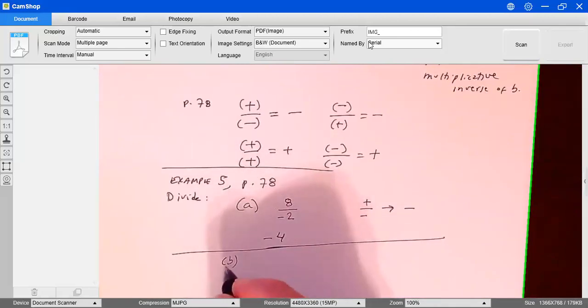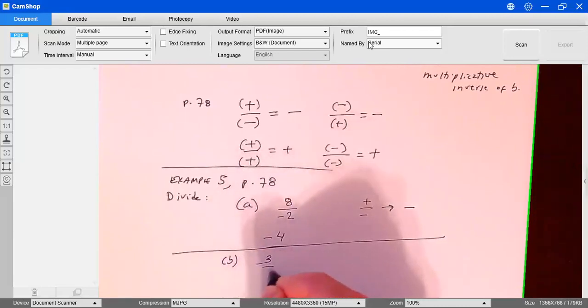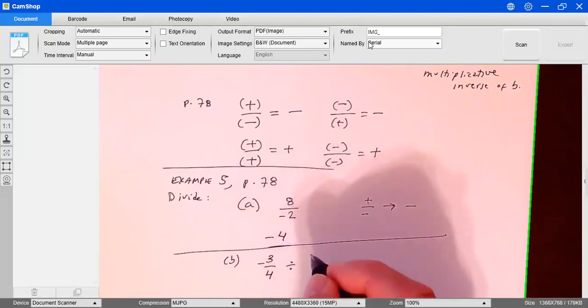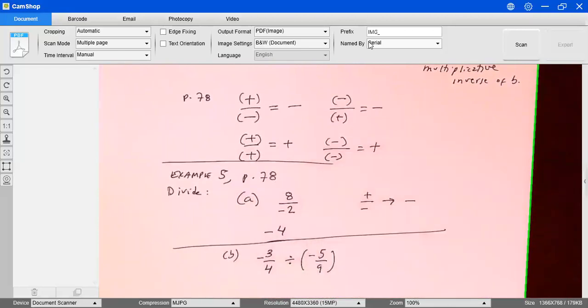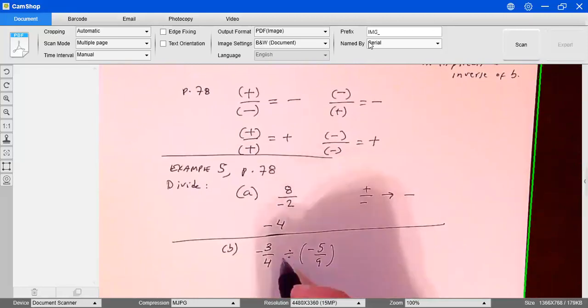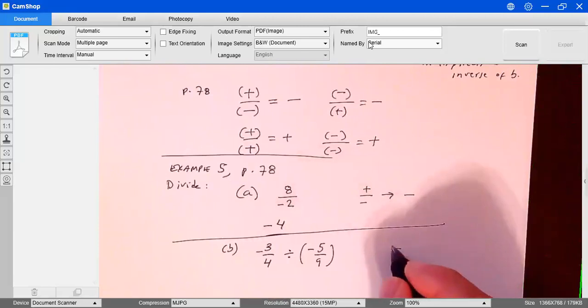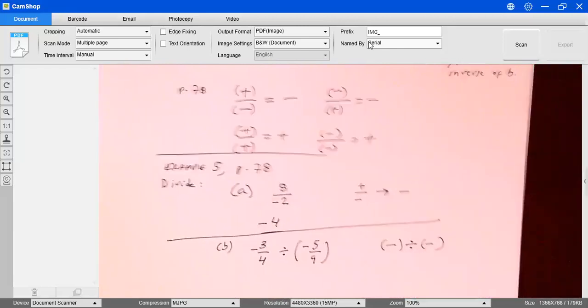The next one is negative 3 over 4 divided by negative 5 over 9. So you are dividing fractions, so you have a negative fraction divided by another negative fraction.